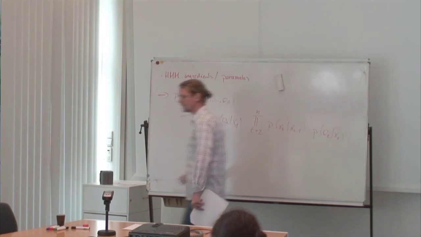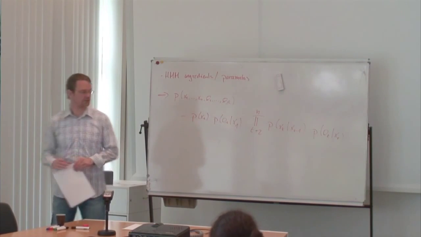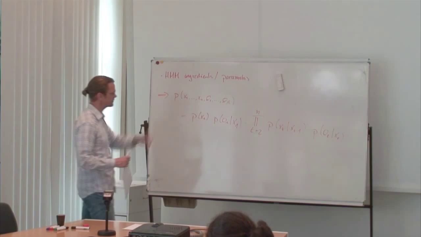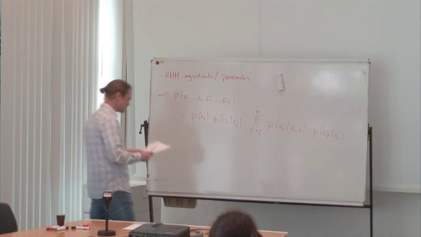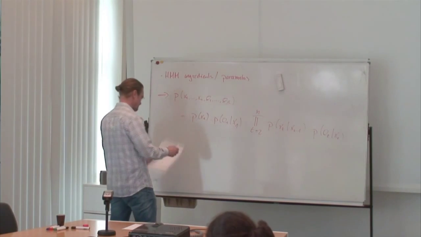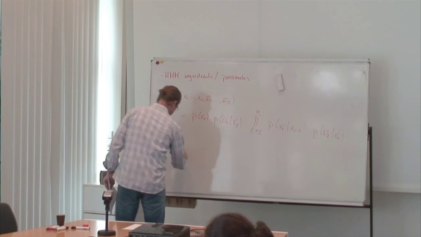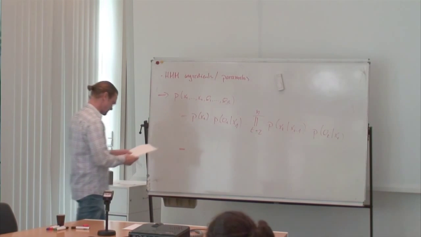So this is how we said we can factor a Markov model previously, and I will now write this down in terms of these pi's, a's, and b's.